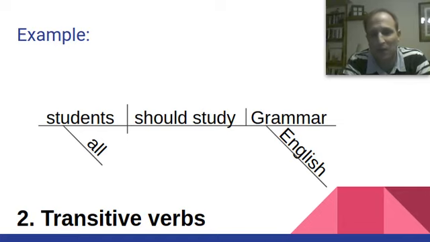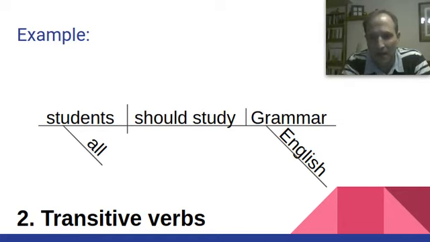But notice what we've added to this diagram now is the vertical line, which goes down to the baseline but doesn't cross through it, doesn't intersect it. It simply makes contact with it. That's to illustrate the division between the verb, the full verb, and the direct object, in this case, grammar.